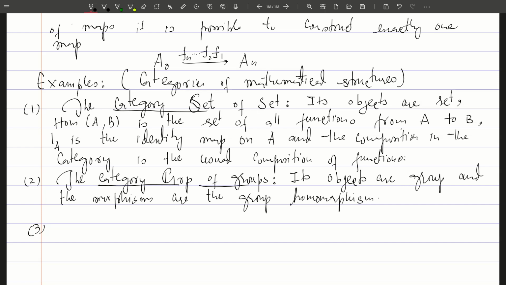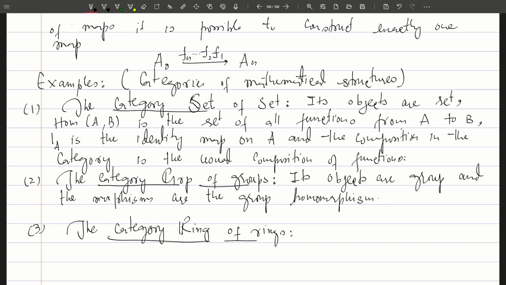Then we have the category Ring. So this is the category Ring of all rings.